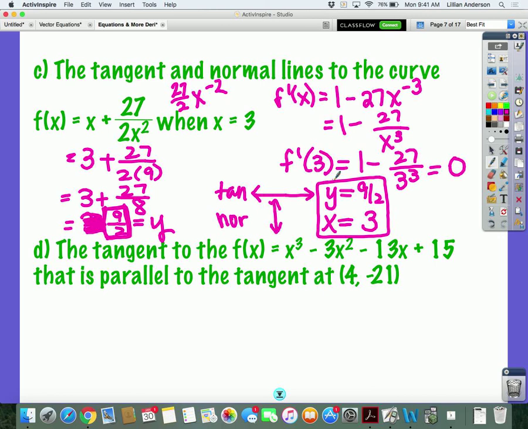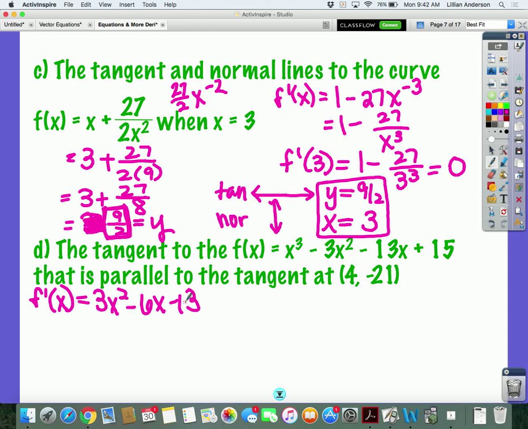Okay, so let's take the derivative. Do the derivative of this function. Alright, so that's your derivative.